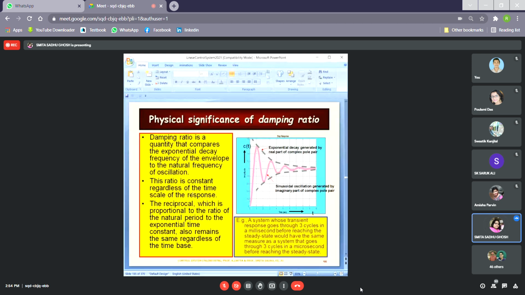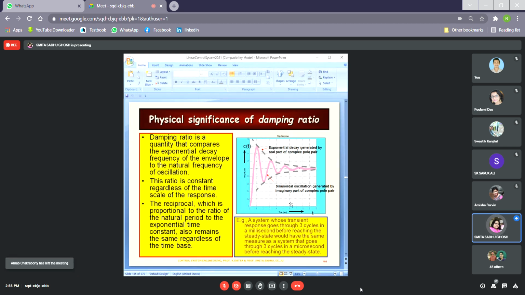Continuing, the damping ratio is a quantity that compares the exponential decay frequency of the envelope to the natural frequency of oscillation. The exponential decay frequency refers to the envelope over here, how fast or slow it decays, and the natural frequency means the frequency of oscillation over here. The ratio of these two is the damping ratio. This ratio is constant regardless of the time scale of the response.